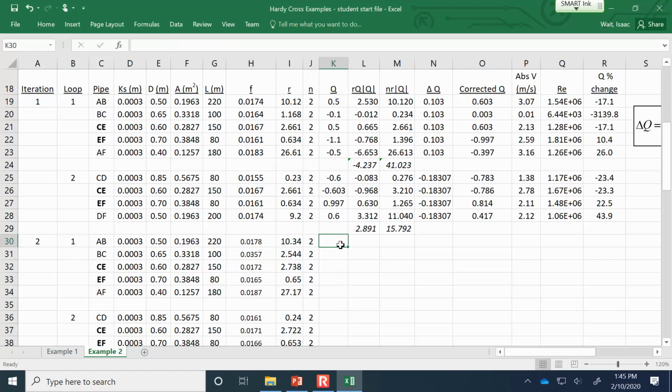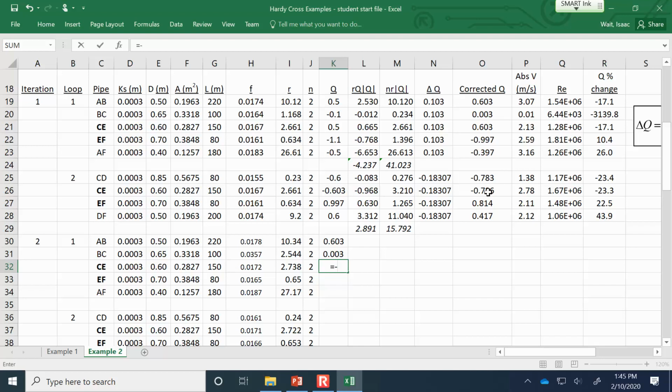Okay, for Q, let's not just repeat these initial guesses, but we'll use the most recent guess of F that we have. And so for AB, it's the reference up to here, the corrected flow rate. Okay, BC, here's our best BC flow rate. Our best CE flow rate equals minus of that one.